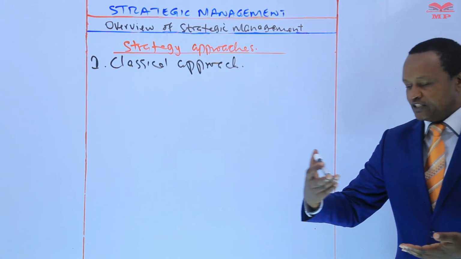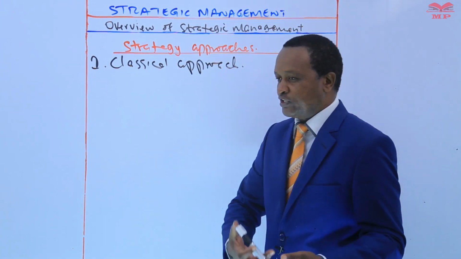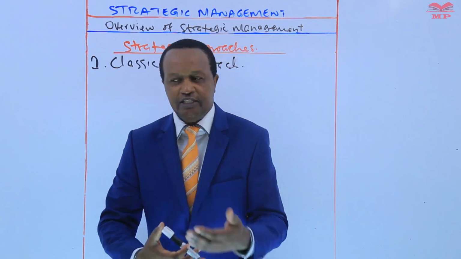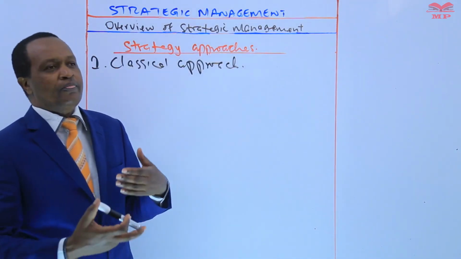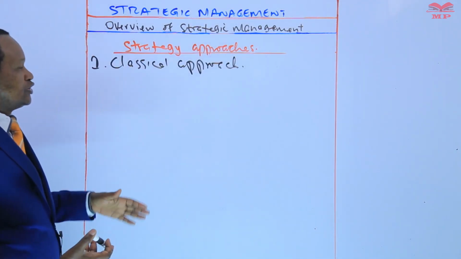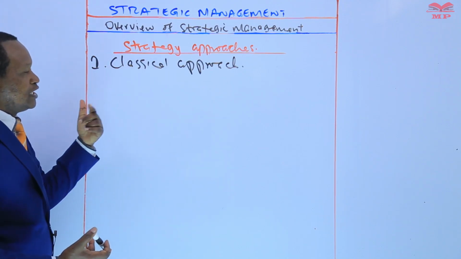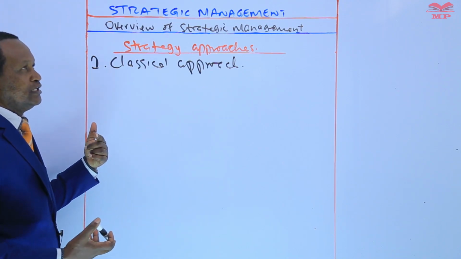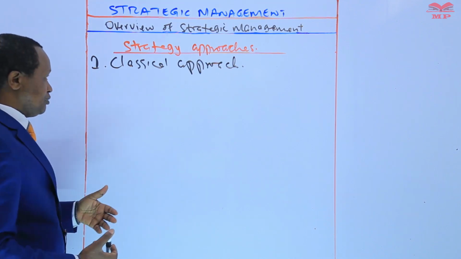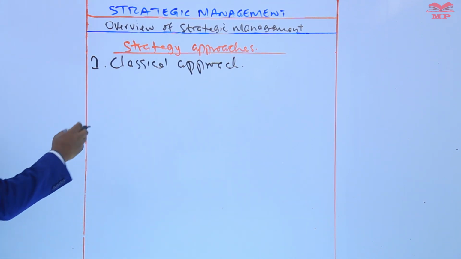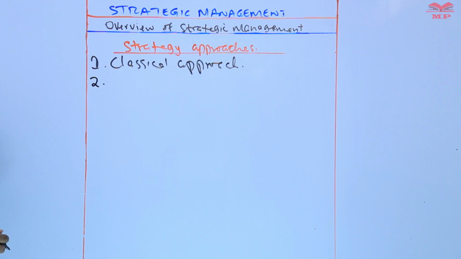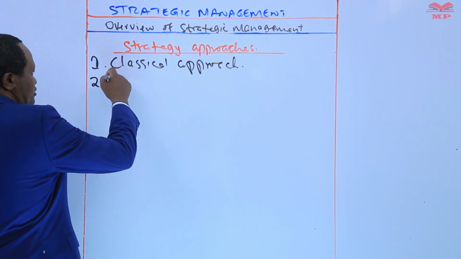There are clear phases of analyzing the environment, formulating the strategy, executing the strategy, and so on. And it is ideal for companies operating in environments that are predictable. The second approach is the evolutionary approach.